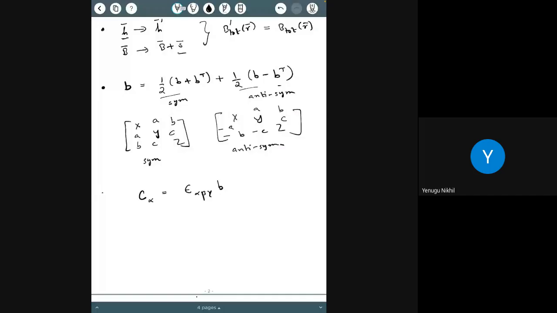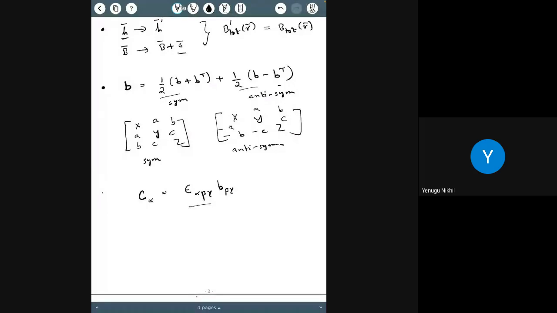I want to write the symmetric part as another quantity. So this epsilon is what is called the Levi-Civita symbol in physics. In chemistry, we don't use it so much. What it basically is, it's like a 3-dimensional delta function.